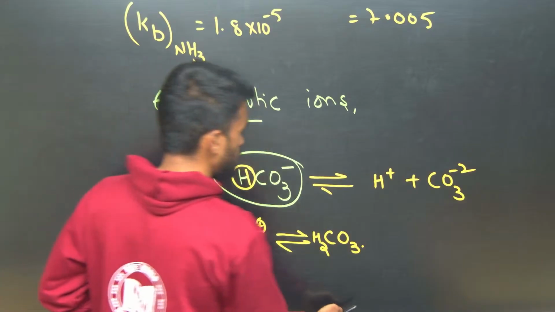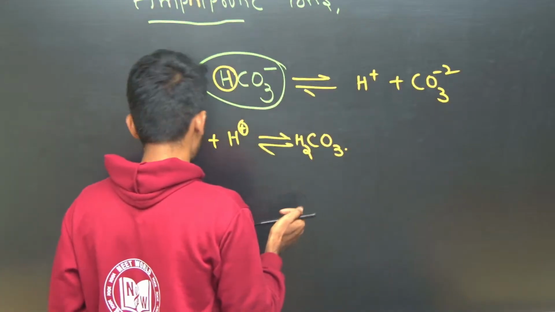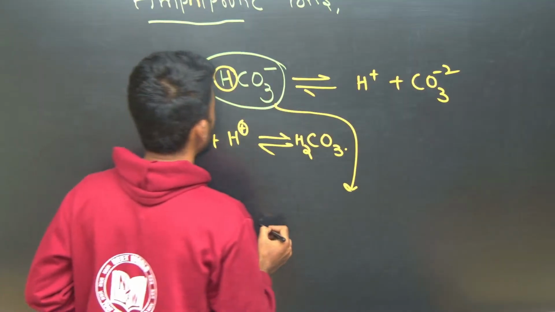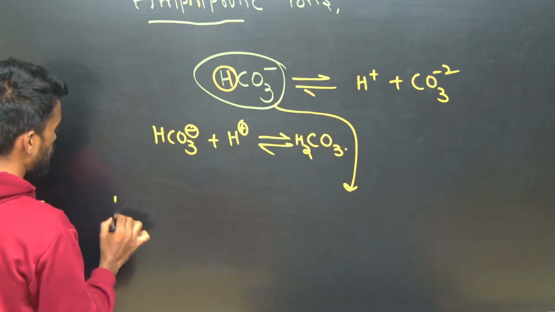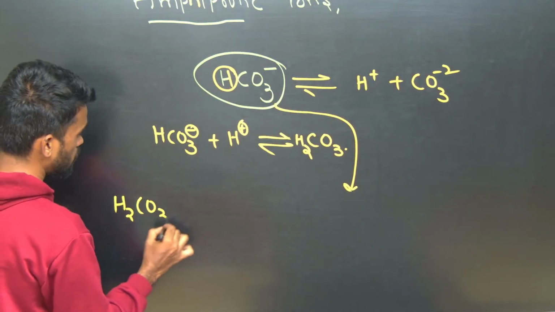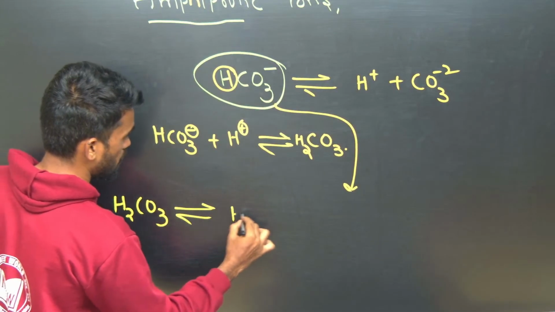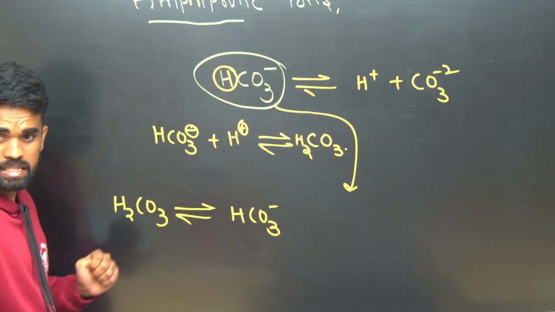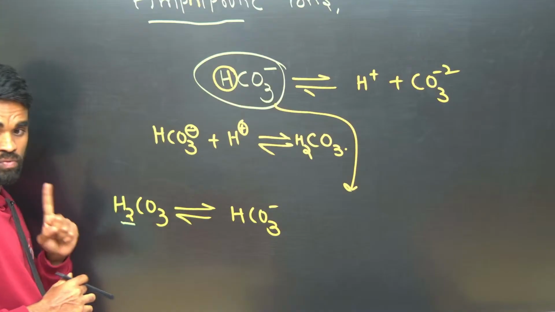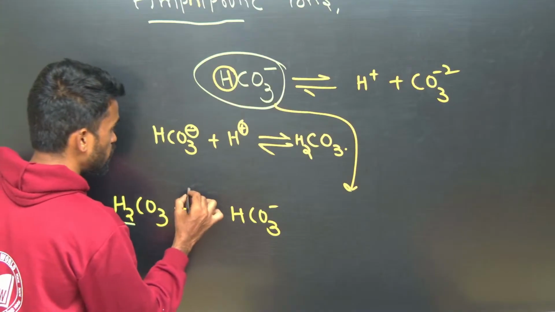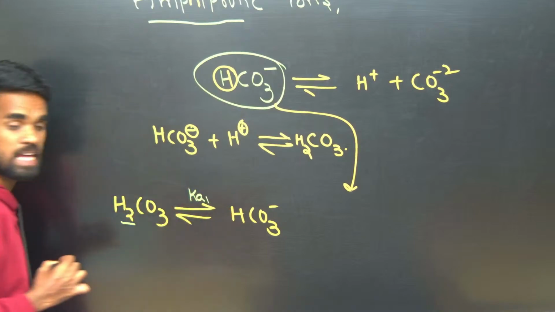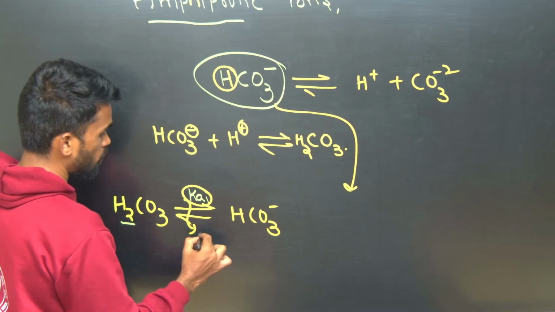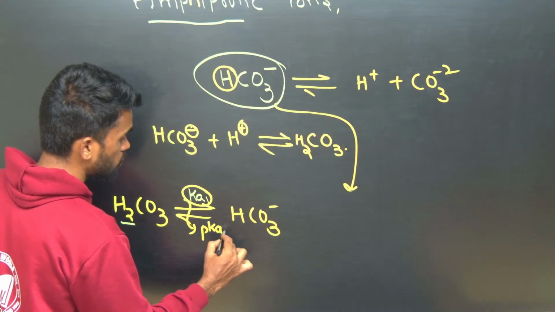Now they will ask the pH of this amphiprotic ion. So how do you calculate it? For example, I am taking H2CO3. If it releases an H plus ion, we write HCO3 minus. Out of 2, 1 acidic hydrogen has come out, so we call it first dissociation, Ka1, with logarithm value pKa1.